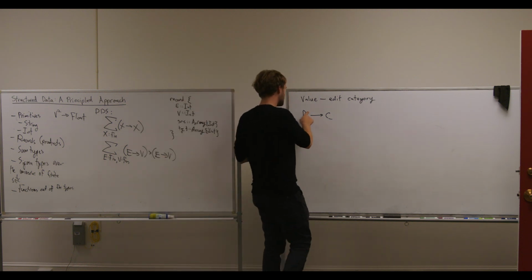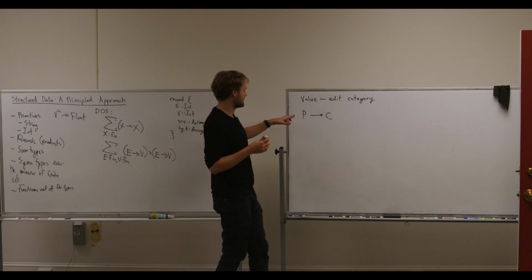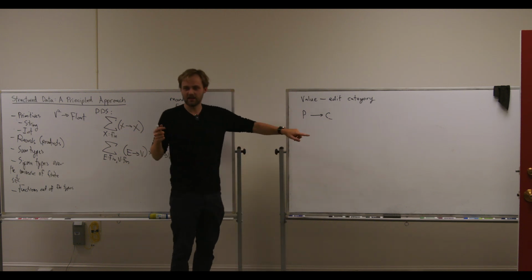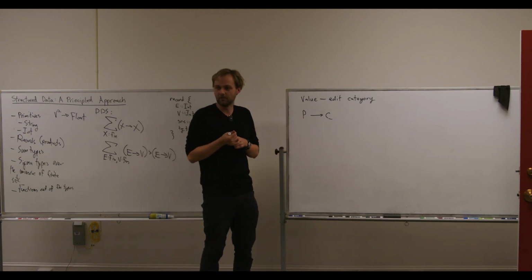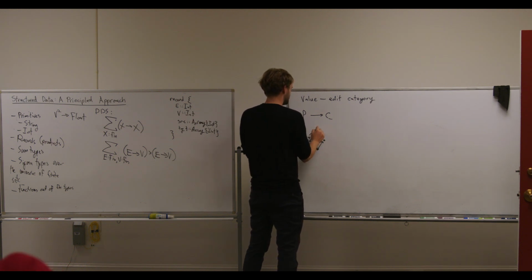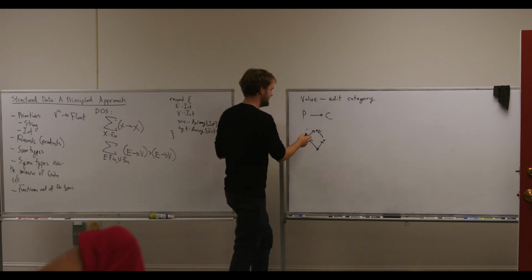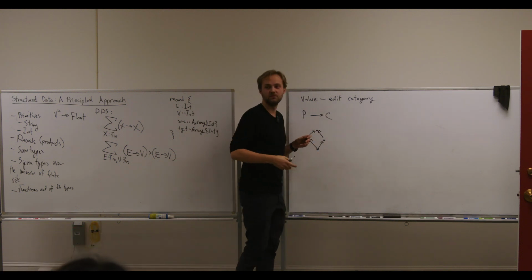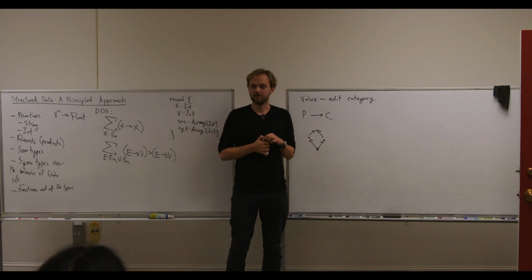One interesting consequence of this being a poset and requiring this to be functorial is that whenever I have a diagram like this in the poset, it has to be sent to a commuting diagram here.